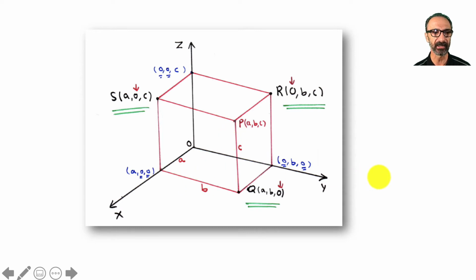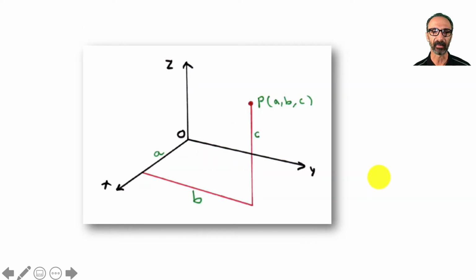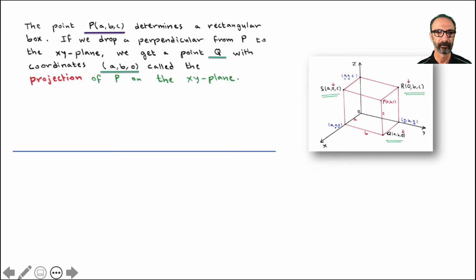What do I mean by this? This is what I mean. Okay, so you go a, b, and c to reach the point (a, b, c). The point (a, b, c) determines a rectangular box.